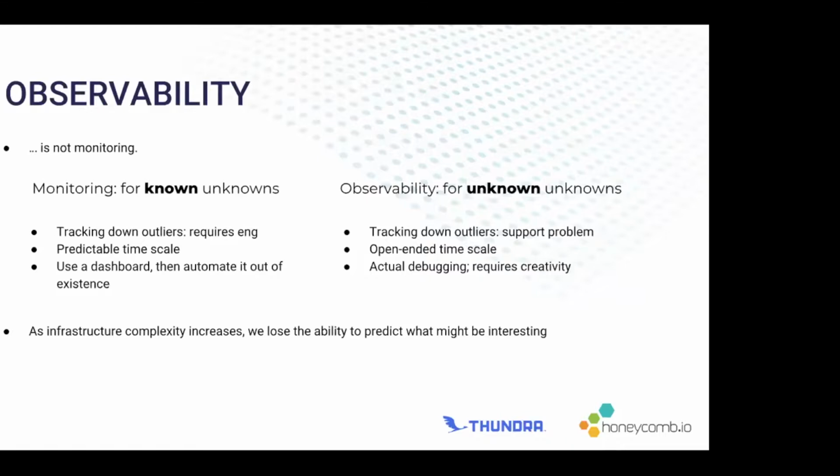And so it's great for keeping an eye on known problems, but that means that if it's unknown or you're encountering something new, more often than not, engineering actually has to get involved to track down an outlier or figure out why it's doing that. And good engineering teams will eventually get around to automating those known problems away, whether with self-healing systems or better alert hygiene.